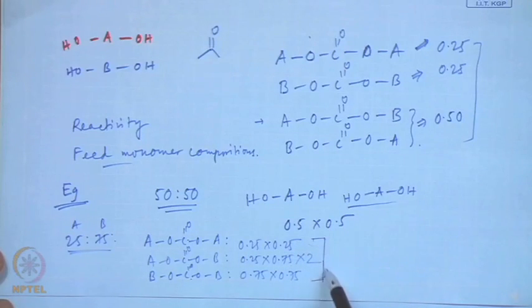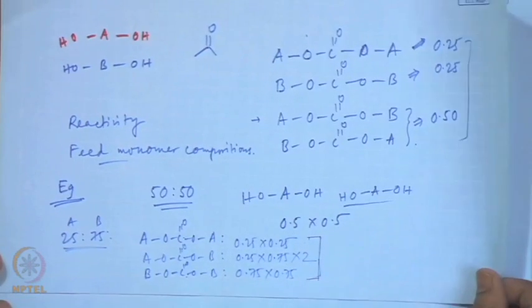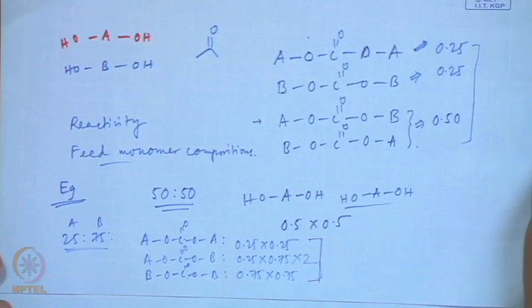And if the obtained NMR signal ratio differs from the values expected for a statistical random copolymer, then we will know that blockiness is there in the polymer.